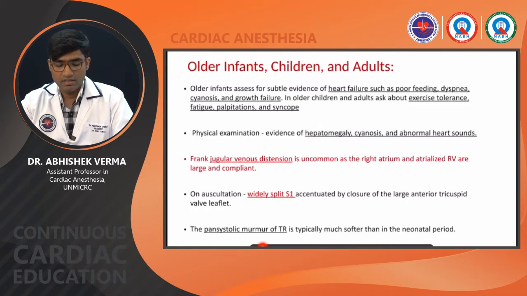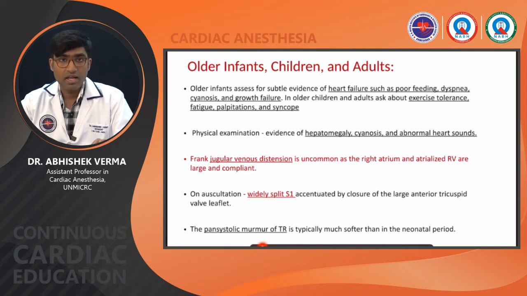Secondly, in older infants and children, we also have a flow chart to manage these patients, but first we will see what we find clinically in these patients. We find poor feeding, dyspnea, cyanosis, and growth failure. We also find exercise intolerance, fatigue, palpitation, and syncope. On physical examination, we find hepatomegaly, cyanosis, and abnormal heart sounds.